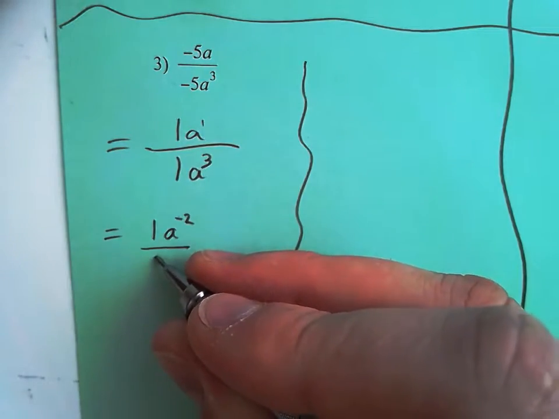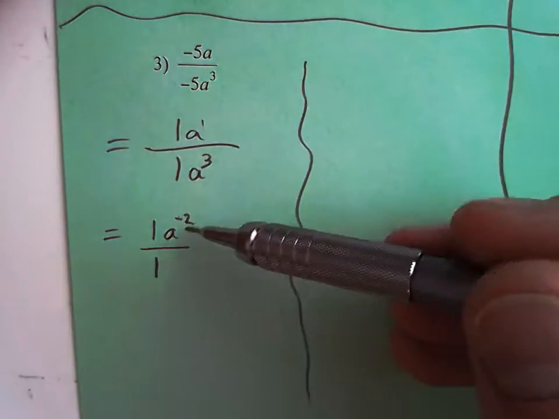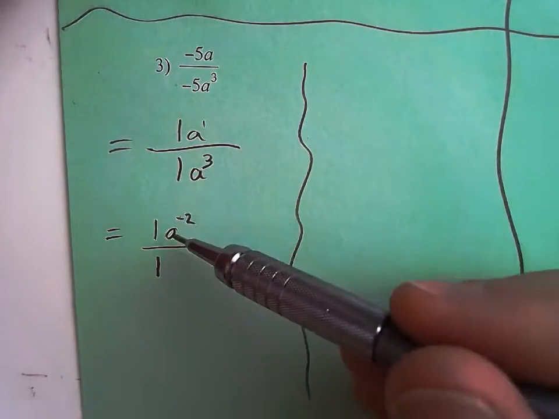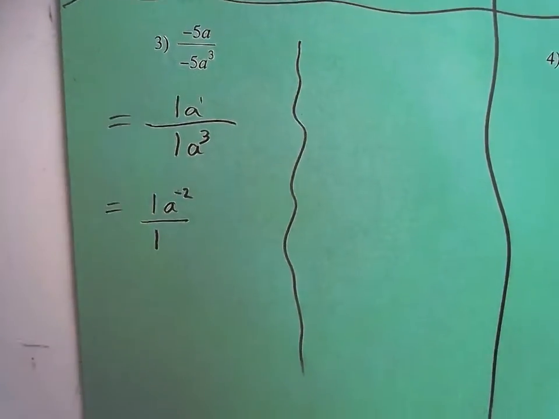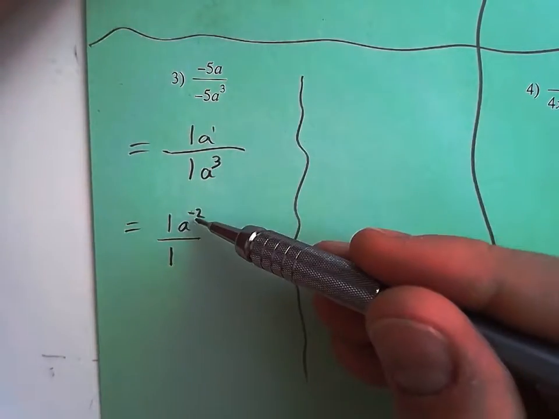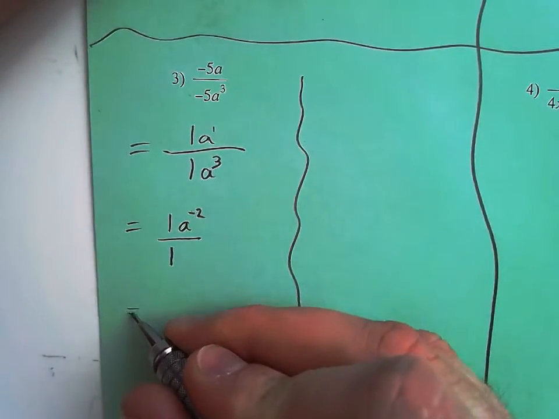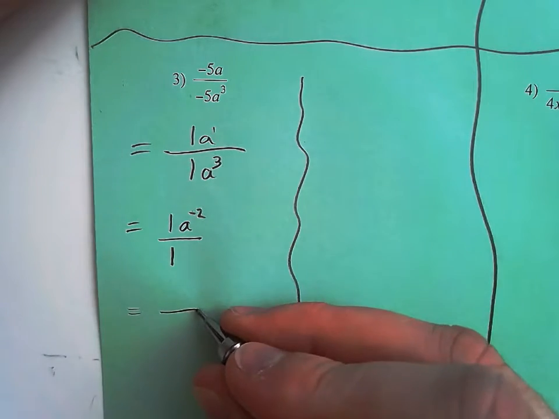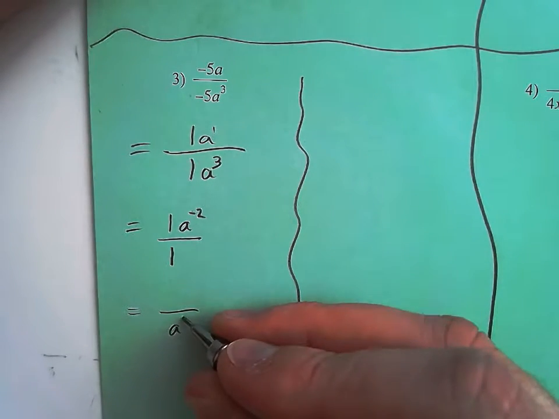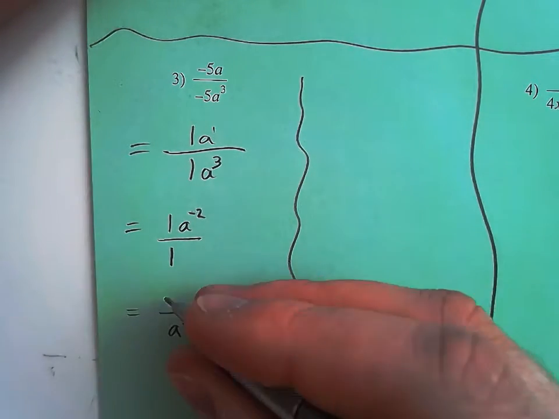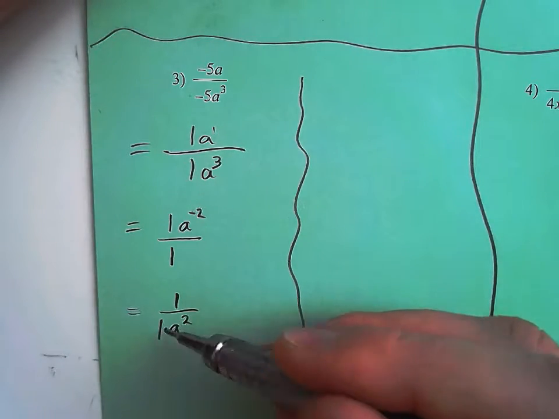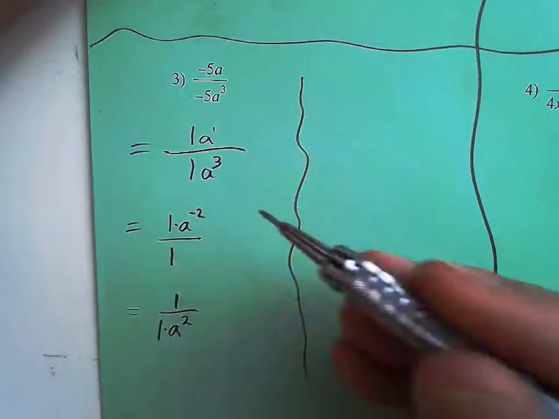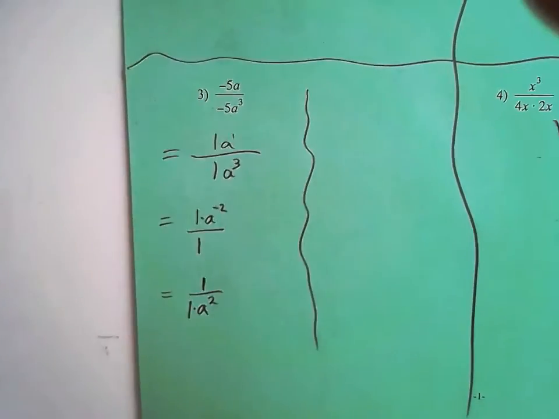And so you're left with this. 1a to the -2 over 1. And a to the -2 means flip it to the bottom. On the bottom, it's going to be a to the positive 2. And we don't need to write the 1 on the bottom now.